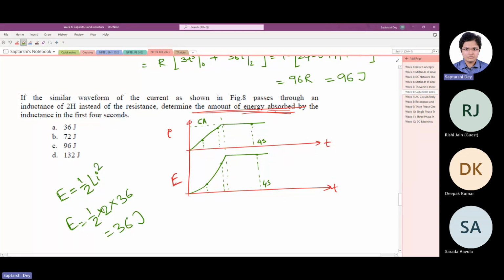This is not the amount of energy absorbed. At t equals 4 seconds, this much energy is stored in the inductor. Okay, not the energy absorbed. So this second plot here, the E plot that I'm showing, shows at every instant how much energy is stored in the inductor.